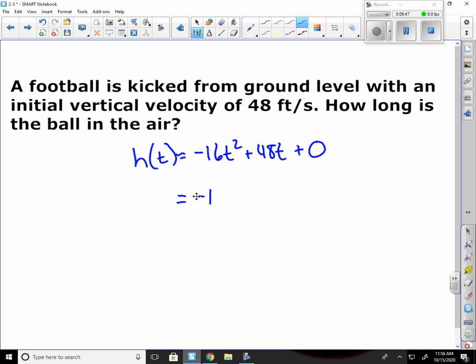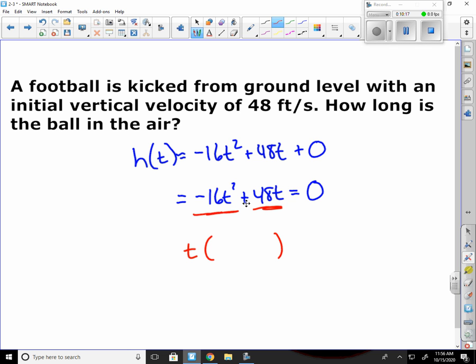Now I have negative 16t squared plus 48t. And we want to know when the ball is back on the ground, or how long it's in the air. So we set it equal to 0. What can I pull out of both of these terms? I can pull a t out, and I can pull a negative 16 out.